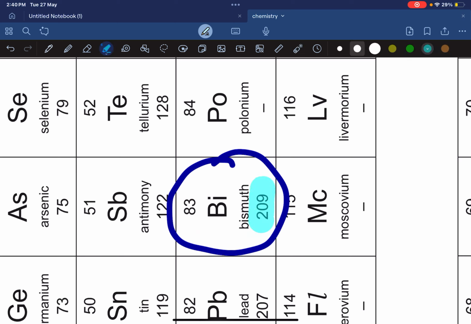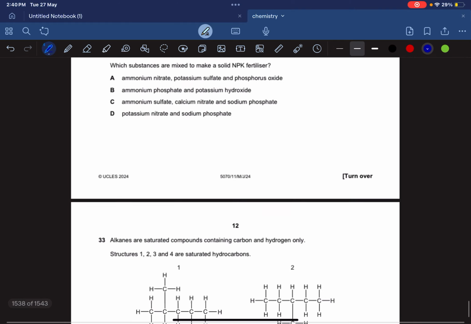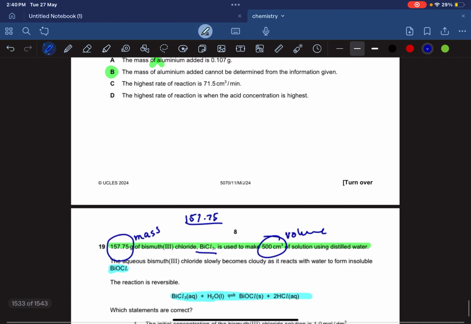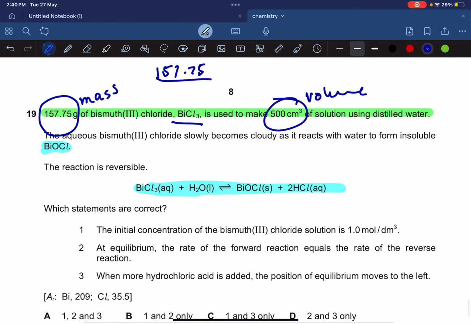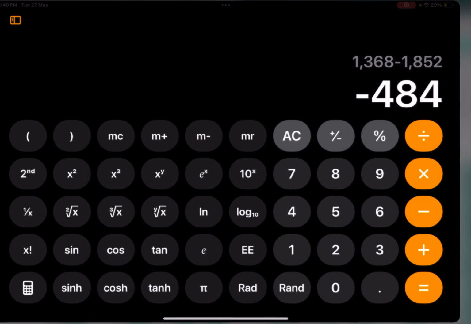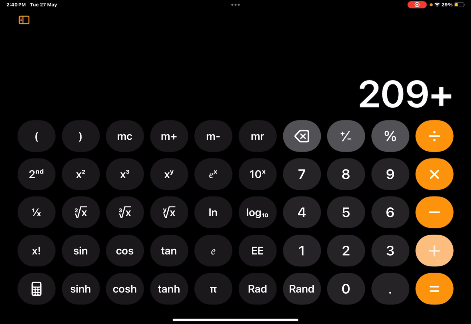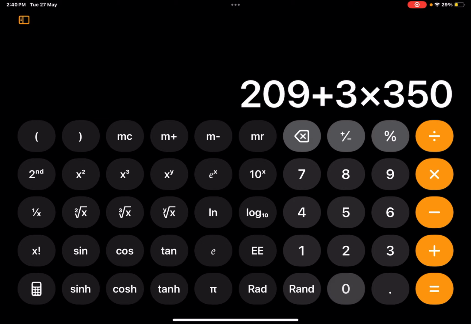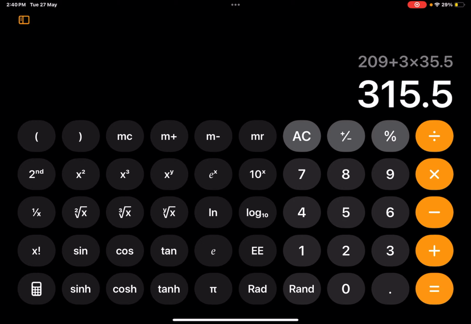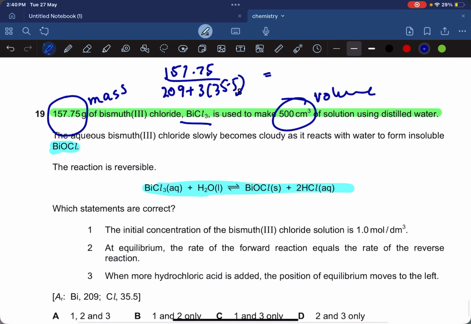It's going to be 209 because that's the mass number, and this one right here is your proton number. So it's going to be 209. That's what you are going to take for your Mr. So the Mr is going to be 209 for bismuth and chlorine 3 times 35.5. 209 plus 3 times 35.5, that gives me 315.5.